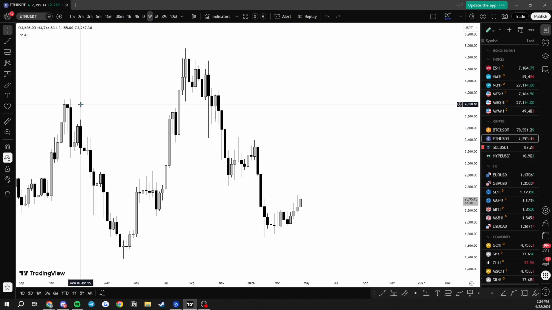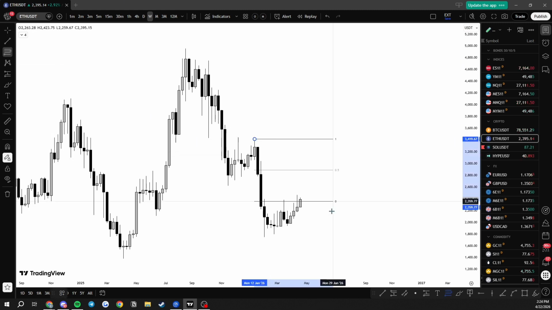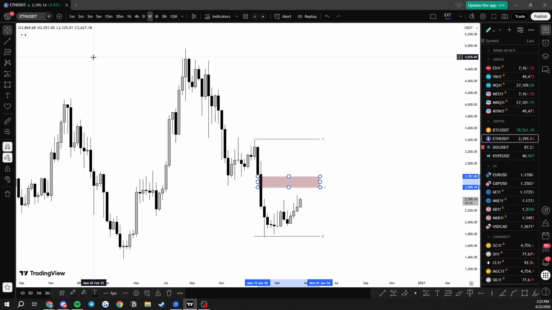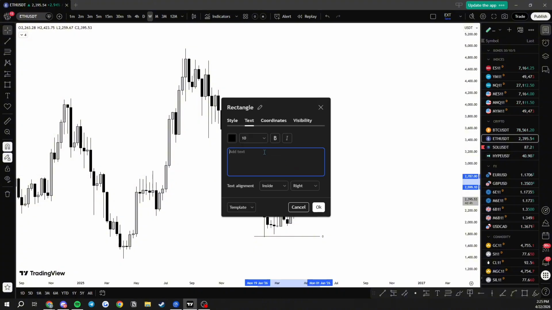Same thing. We'll go ahead and map out that premium discount of this leg. Okay, now for those of you that are not very familiar with SMT, keep in mind only one of the assets, BTC or ETH, actually has to hit this premium fair value gap. They don't both have to do it. They can, but they don't have to.